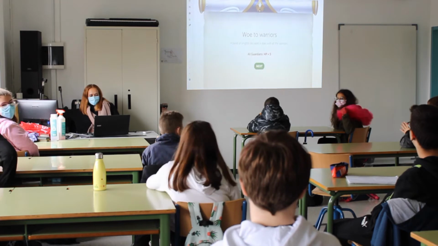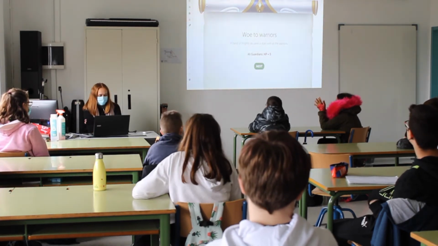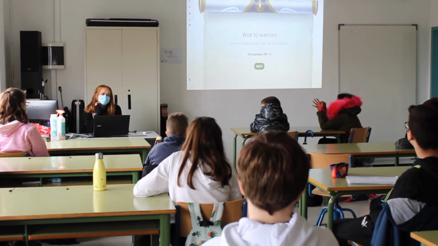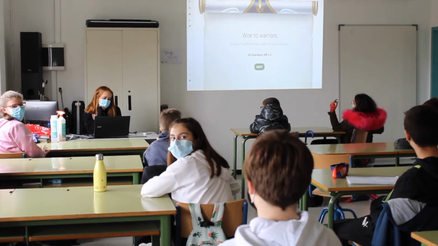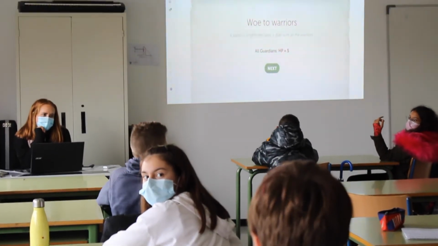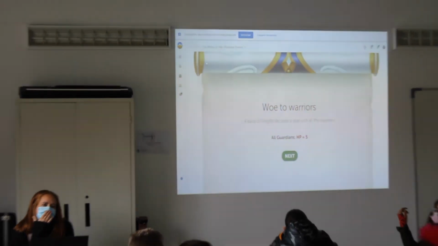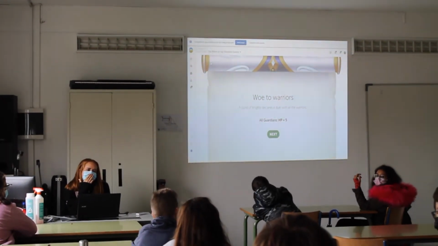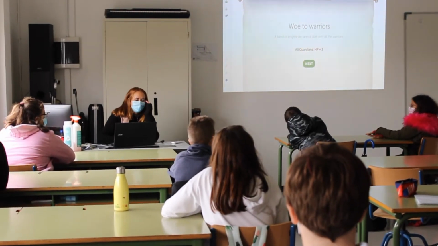I think you have not understood it. All guardians HP equal to 5. Equal, because a band of night, are you reading? A band of night declares a duel with all the warriors. So you're going to lose a lot of health points. Are you understanding? So can you please click on next?